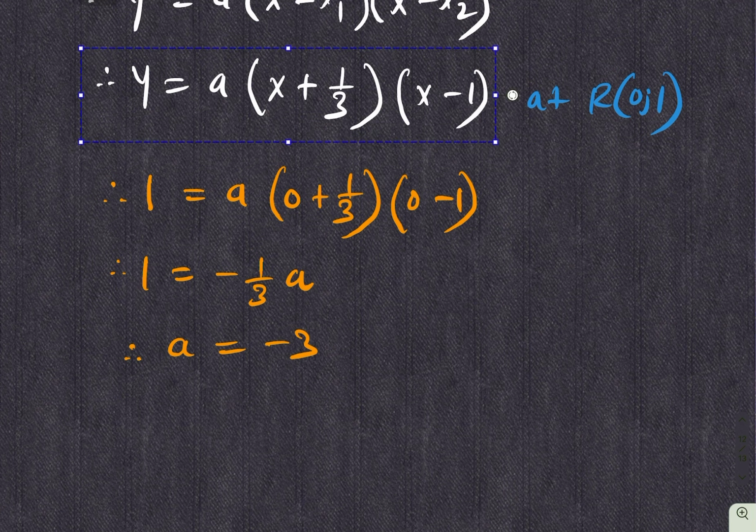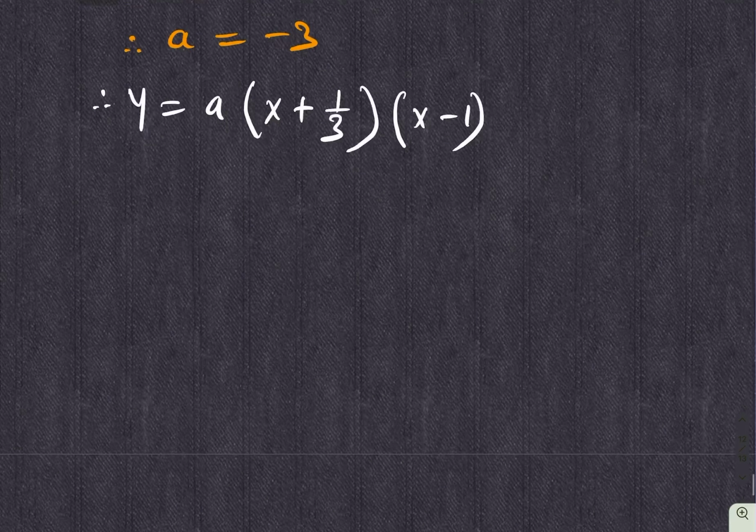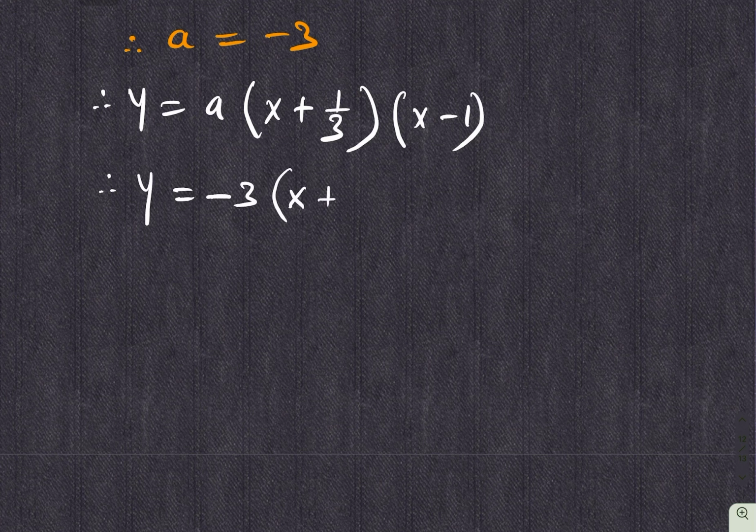So let me copy this one down. I have a now as -3, so this will be -3 into x plus 1/3 into x minus 1.